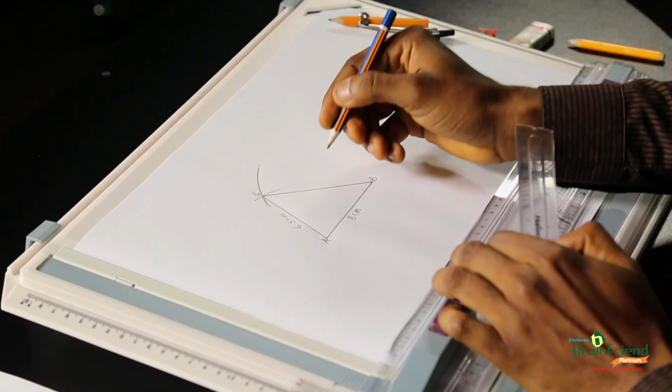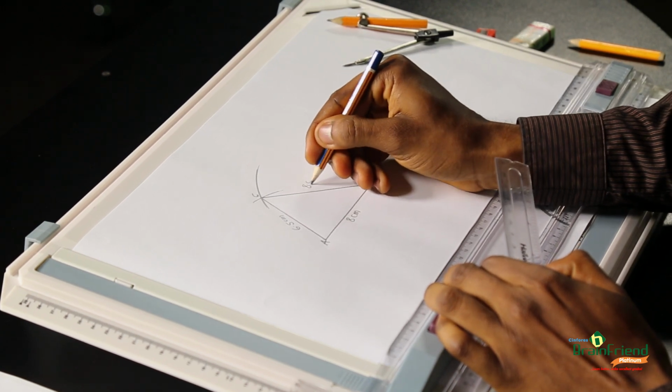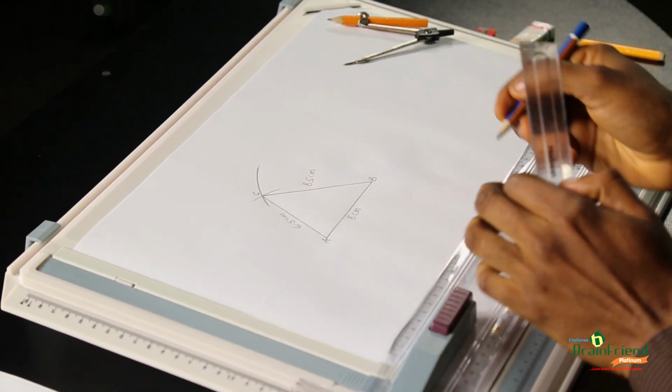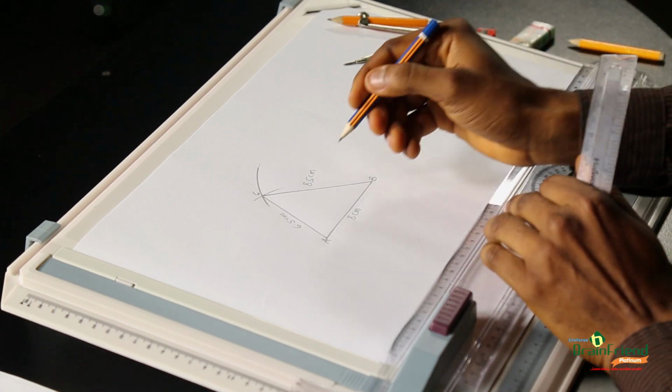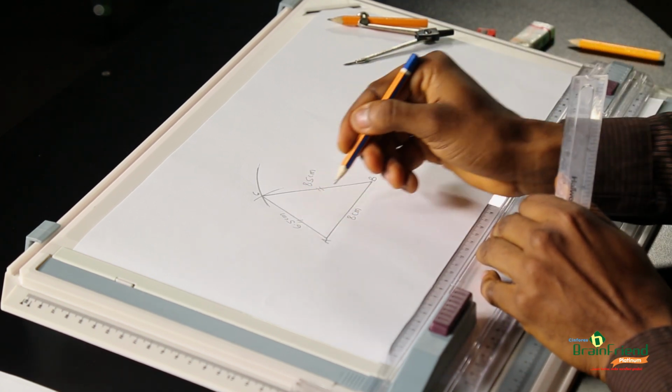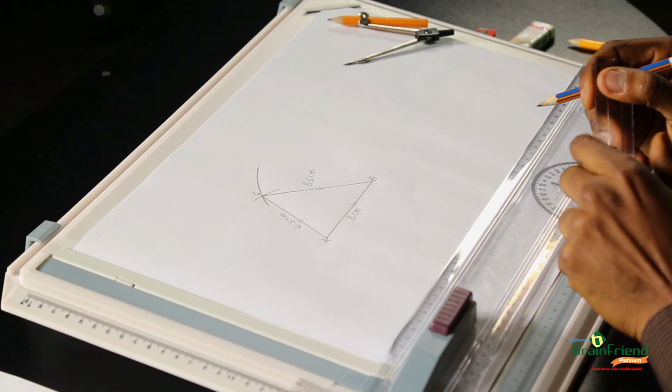And B to C is 8.5 centimeters. You can see that all sides are unequal. This is a typical example of a scalene triangle. With this procedure, you can conveniently construct a scalene triangle.